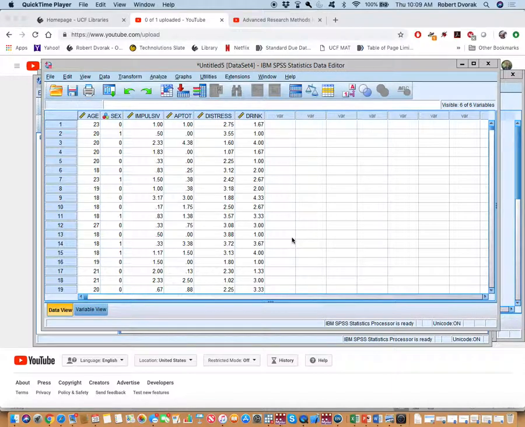This other type of variable can be anything, right? But in this case, we're going to look at impulsivity and distress tolerance. But just to describe this, a typical moderation is to say that the relationship between, for example, the amount that you drink and the number of problems you have is different for men and women, right? That is a moderation relationship.